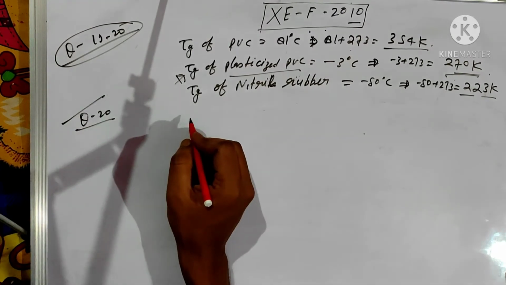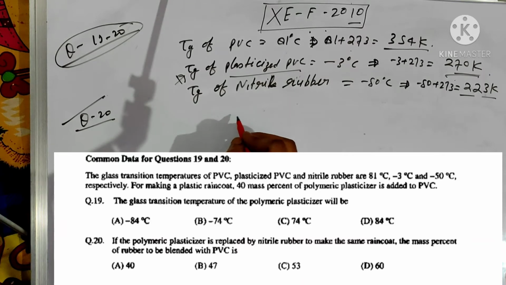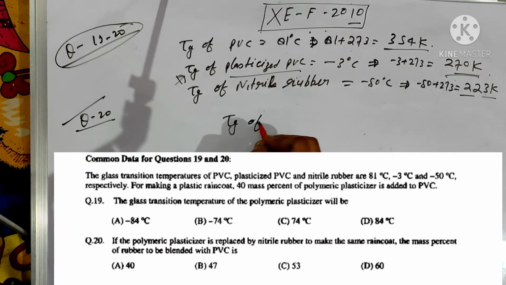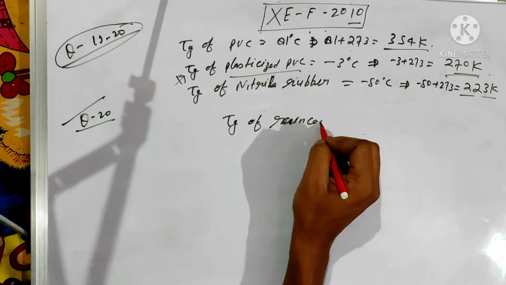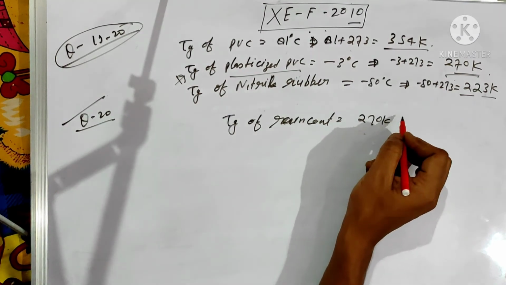Answer number 20. Given that the plasticizer is replaced by nitrile rubber, with the raincoat having the same glass transition temperature. In that case, the glass transition temperature of the raincoat is equal to 270 Kelvin.